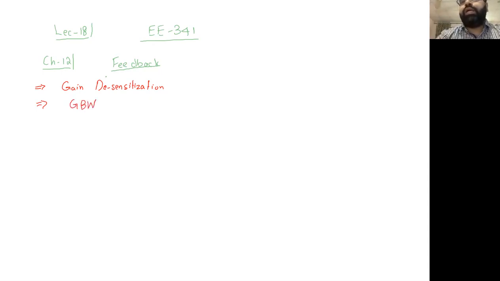We normally say the product of gain and bandwidth remains constant. So if we increase gain, the bandwidth will go down, or if we decrease gain, the bandwidth will go up. Ultimately, the gain bandwidth will remain constant in the overall circuit configuration.